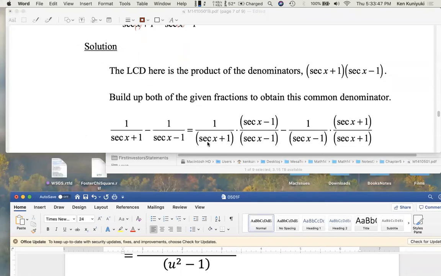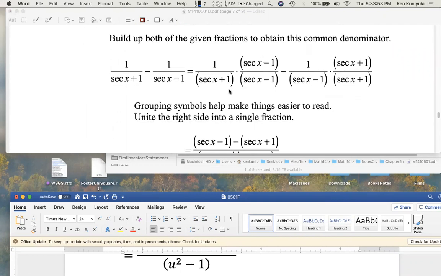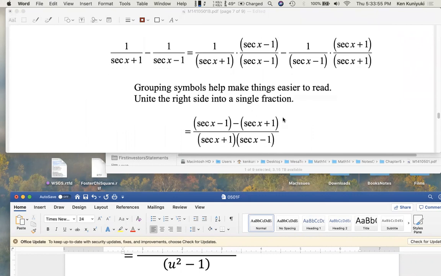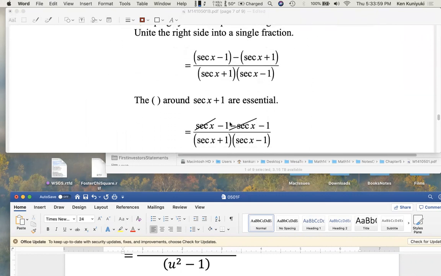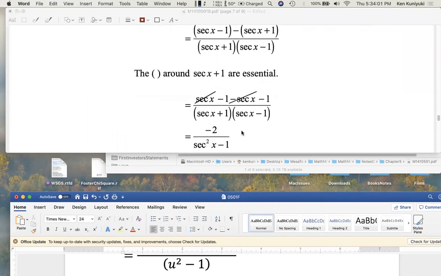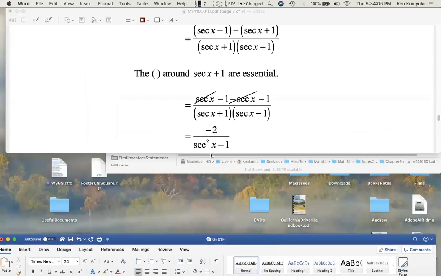Remember, in my notes, I didn't do a substitution. I just used secant of x, which is fine. Build up the fractions, get a common denominator, group over here. These cancel out. So we have negative 2 over, again, u squared, which is now secant squared of x, minus 1. But we're not done yet.